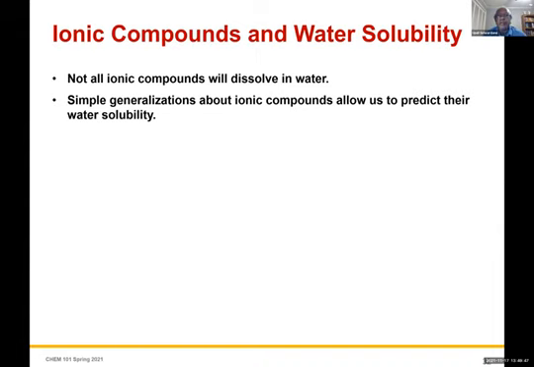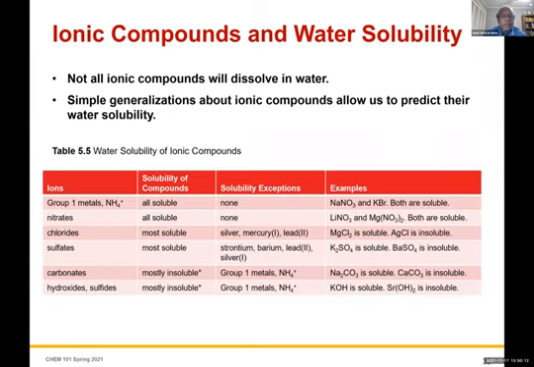Simple generalizations of ionic compounds allow us to predict their water solubility. This is a simple table. You can argue why some salts are soluble based on charge, large charges, small cations and anions, etc. We probably went over this a little bit before.